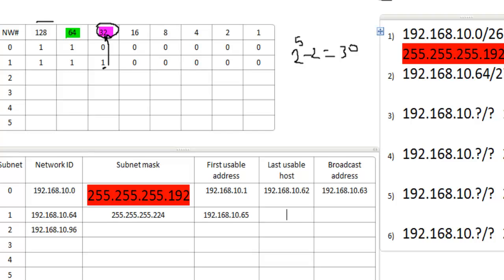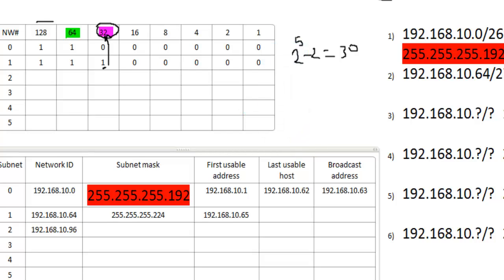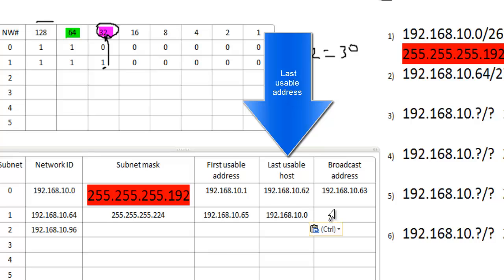We know this block goes from 64 to 96. 65 is the first IP, 66 is the second IP. 96 is the network ID for the next block. You minus one from it, you get 95, which is the broadcast. 94 will be the last usable IP.